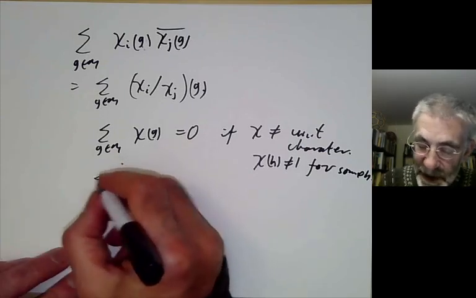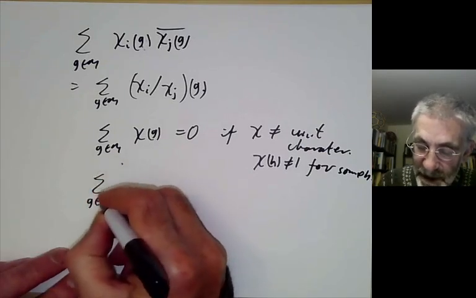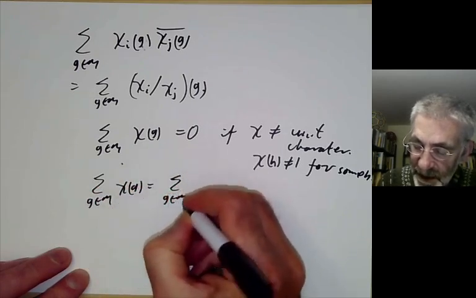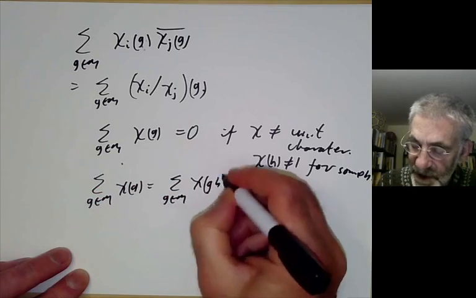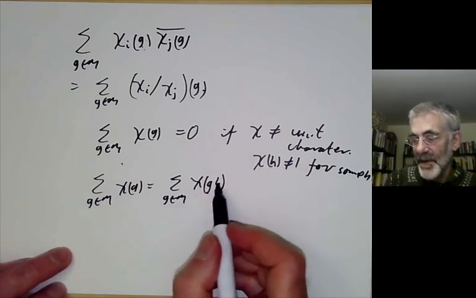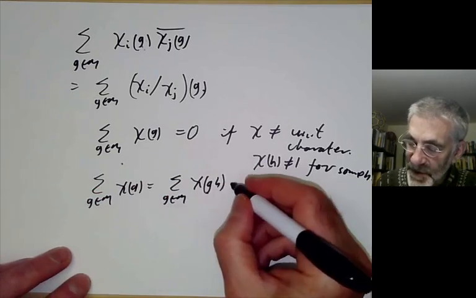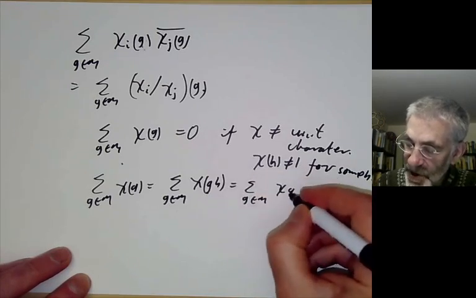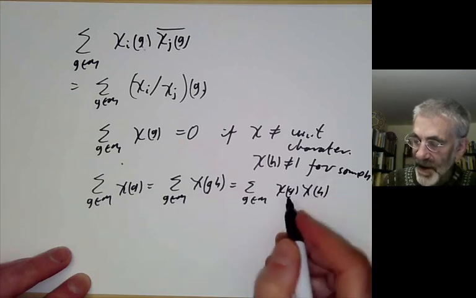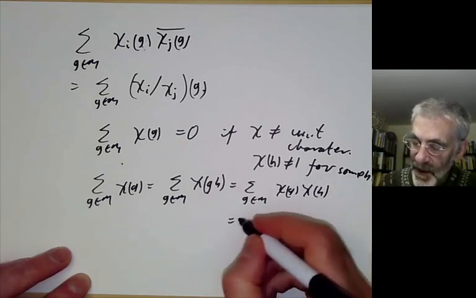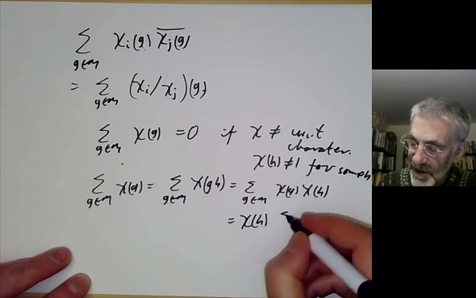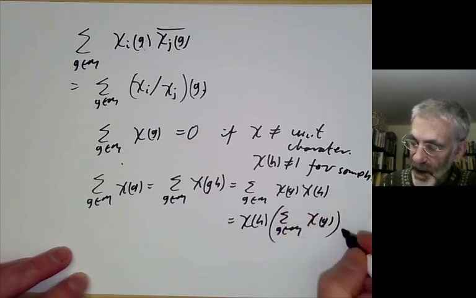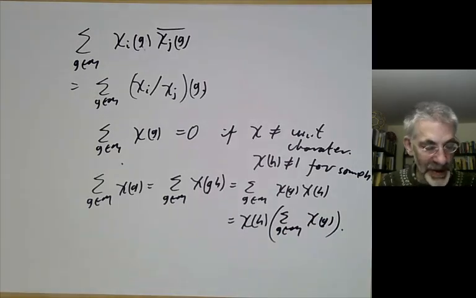What we do is we look at the sum over g in M of chi of g, which is equal to the sum over g in M of chi of g times h for any h, because this also runs over the elements of the group. And this is equal to the sum over g in M of chi of g times chi of h, because chi is a character, which is equal to chi of h times the sum over g in M of chi of g. And now let's look at this expression.